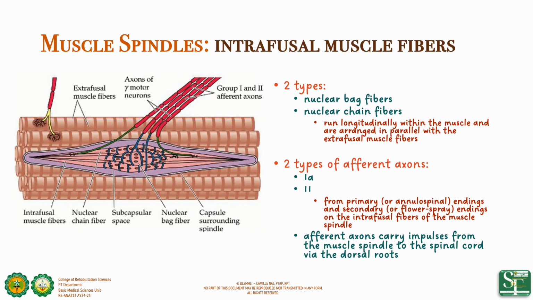Again, your muscle spindle is inside the muscle, no? And inside the muscle spindle are two afferent axons, and those are your type 1A and type 2. Okay? These are the ones responsible for receiving input kung may stretch. Pag naramdaman itong afferent axons na to na may stretch, isisend niya yan.